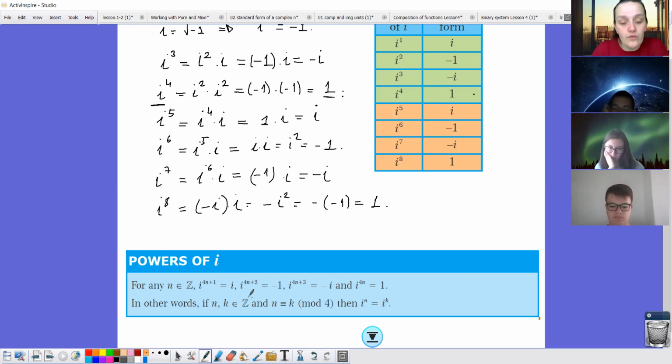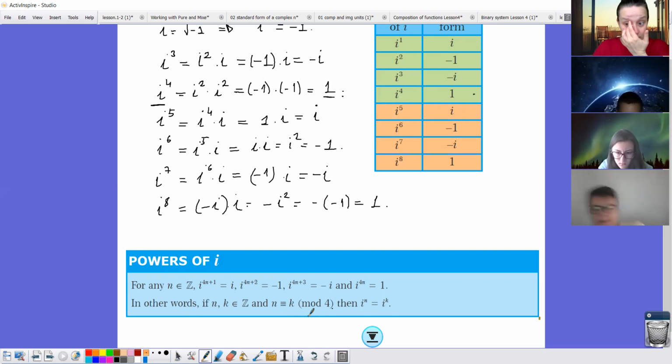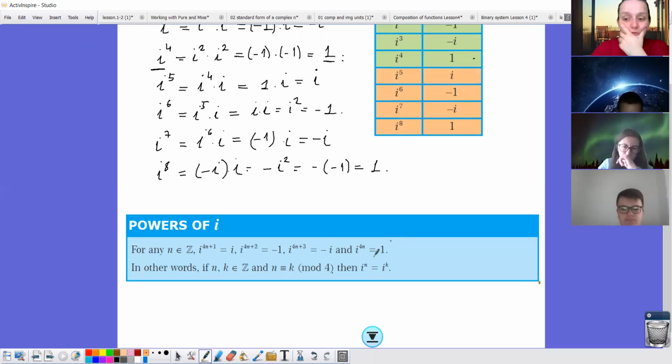I will show you how we are finding this. In other words, you can write that if n and k are integers, n is equivalent to k in mod 4. Do you know mod 4? Do you remember this? I don't know if we have given modular arithmetic.